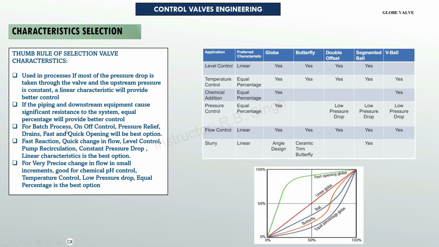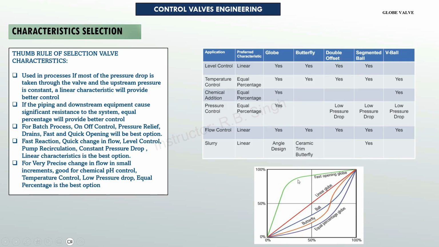For batch processes, on-off control, pressure relief, drains, fast and quick opening, just like flare services, on-off fast and quick opening will be the better option. For fast reaction, quick change flow control, pump recirculation, constant pressure drop, linear characteristics will be the best option. And for very precise change in flow in small increments, good for chemical pH control, temperature control, low pressure drop, in these applications equal percentage is the best option.